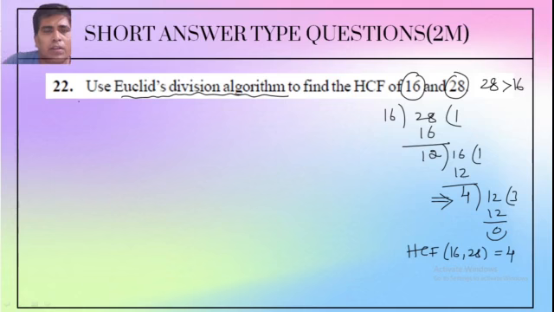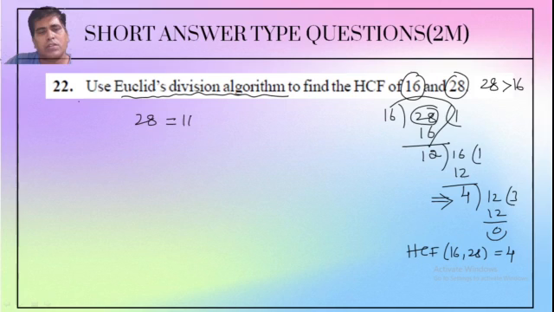So we got the HCF by division. Now we can write this in terms of the algorithm also. So 28 can be written as dividend is equal to divisor into quotient plus remainder. So 16 into 1 plus remainder. So this is the first step.